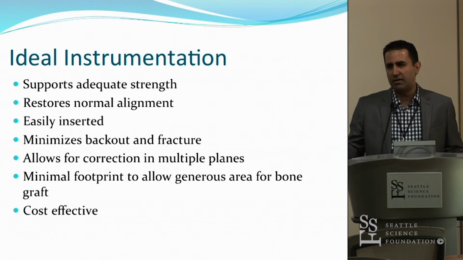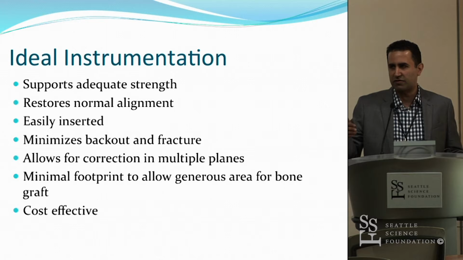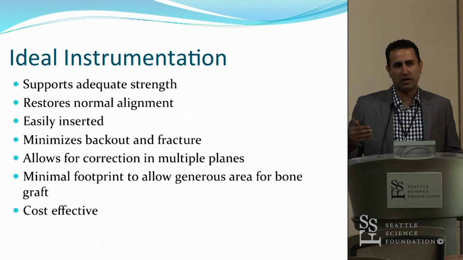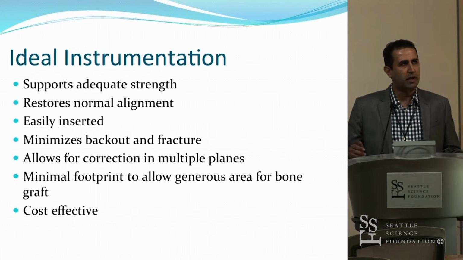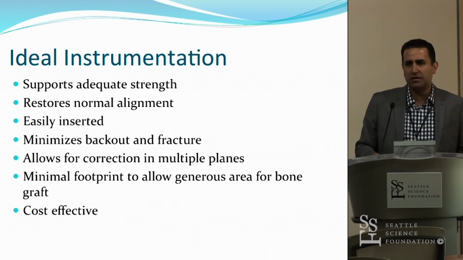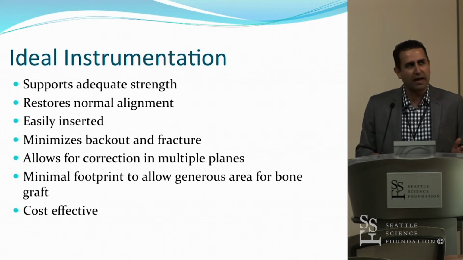And typically, failure of implants or instrumentation doesn't occur from a static force or stress that's applied, but it's a cyclical load of force and release through motion, and this is what typically leads to failure. It's got to be easily inserted. At the same time, it can't back out.